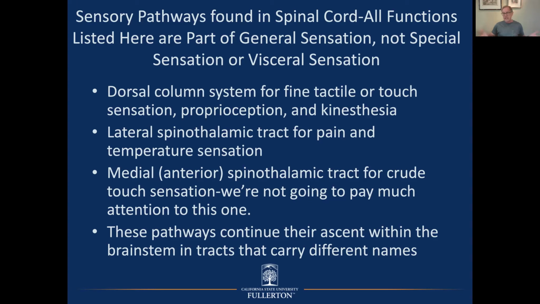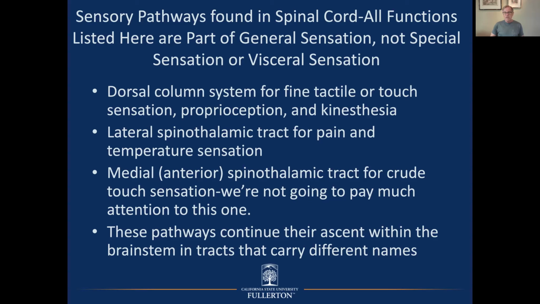It's in the figures, you'll see it, but we're not going to try to analyze it, because we can do all the problem solving we need to and completely understand the pattern of signs and symptoms that our patients have by looking at the fine touch, proprioceptive and kinesthesia system and the lateral spinal thalamic tract for pain and temperature.